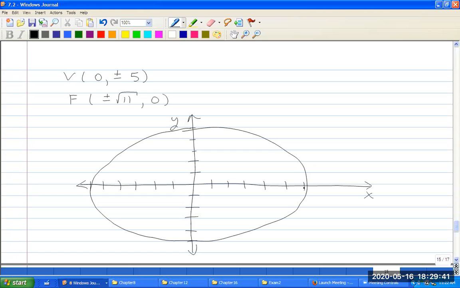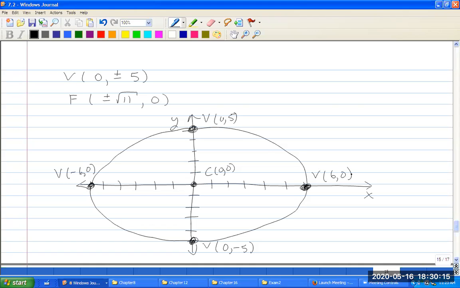Good enough. So my center is at the origin. My vertices: this is 5, (0, 5), (0, -5), and that's 6, (6, 0), (-6, 0).